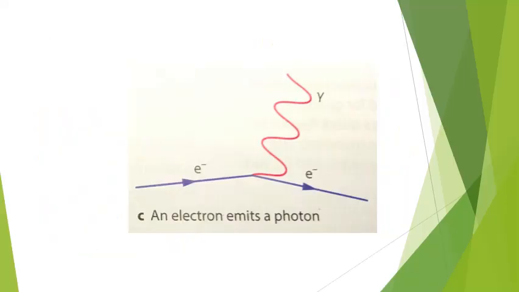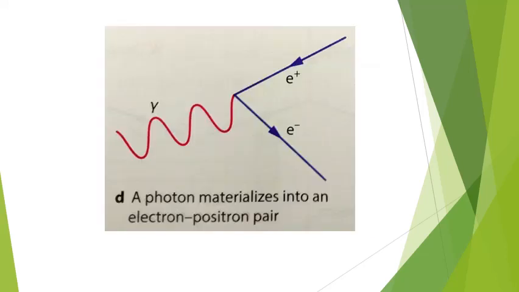Okay, so in this case here, an electron emits a photon, right? So this electron is going up, and as it emits a photon, this one shoots down like this, conservation of momentum. In this one, a photon actually materializes, right? So you have energy materializing into matter. You have an electron coming out as well as a positron. Now, if you notice here, anytime you have an antiparticle, their arrow is going to be pointing against time.